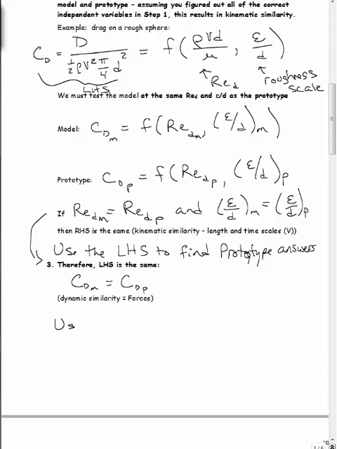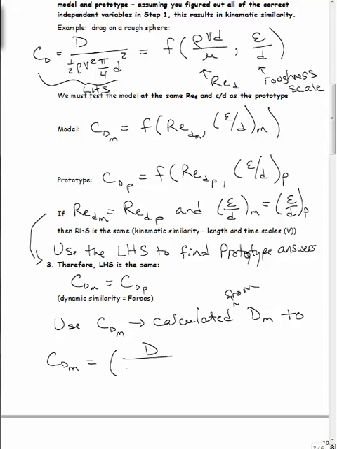So you're going to use your CD model that you can calculate from the test that you do on the model, drag M. You're going to get drag M, you're going to know all the geometry and the fluid properties, so you calculate CDM, and then you set it equal to your CDP, which is drag over 1/2 rho V squared pi over 4 D squared for your prototype.